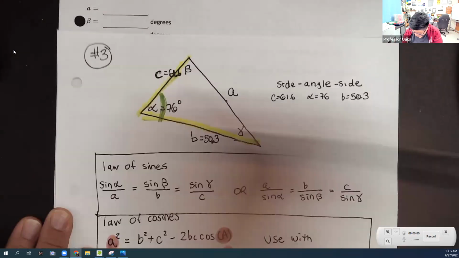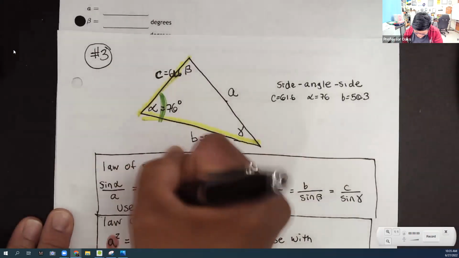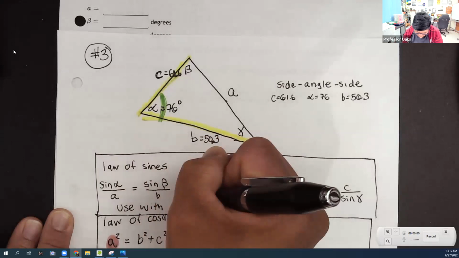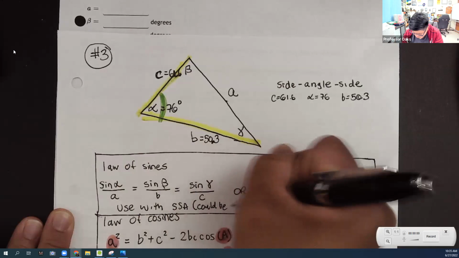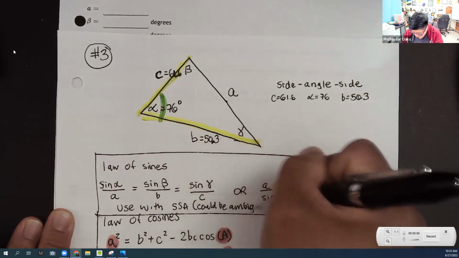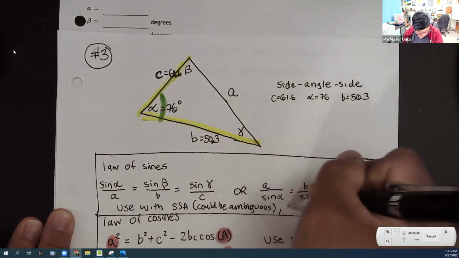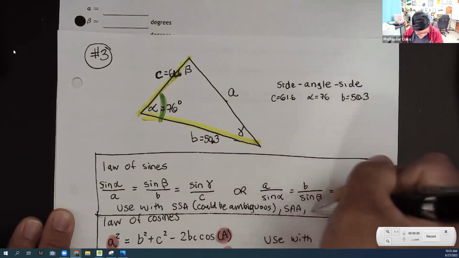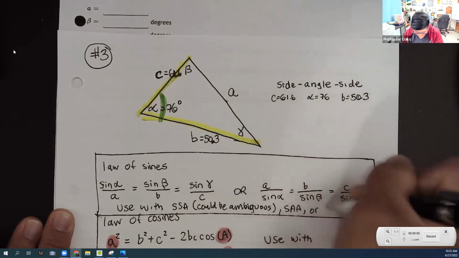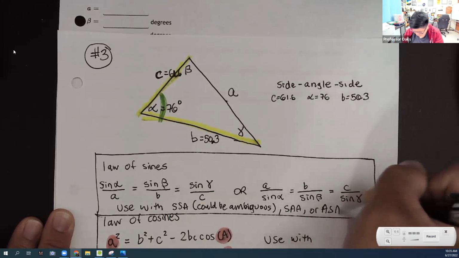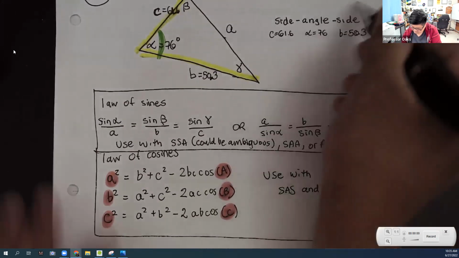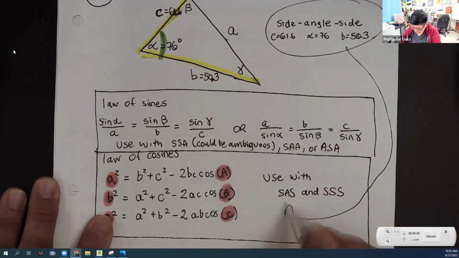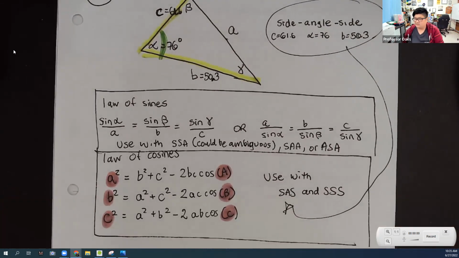And this one is used with side, side, side, which could be ambiguous, or with side, angle, angle, or angle, side, angle. So then this actually means that you're going to use the law of cosines.